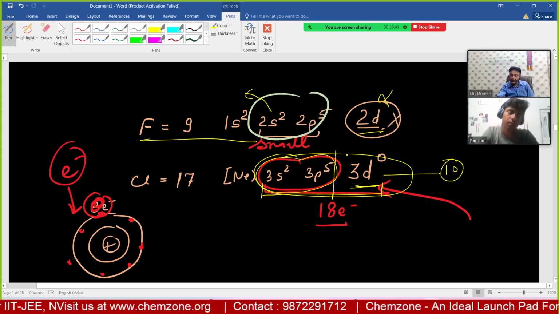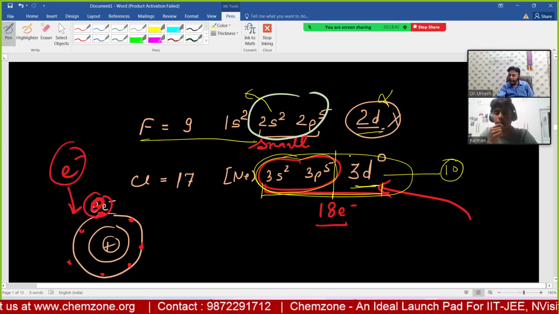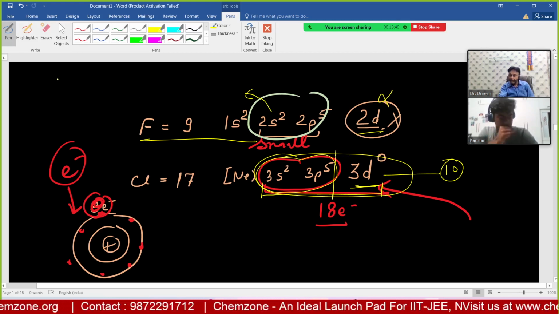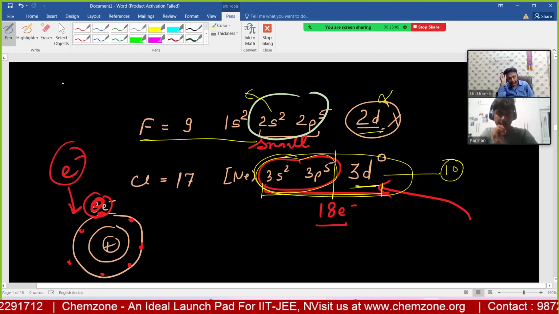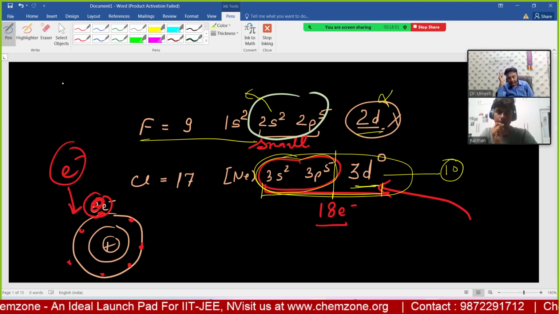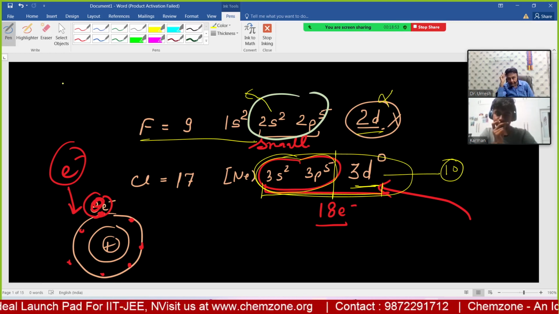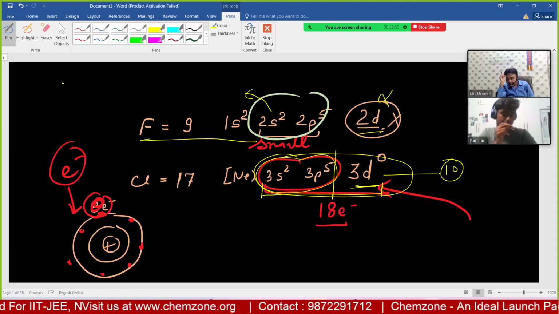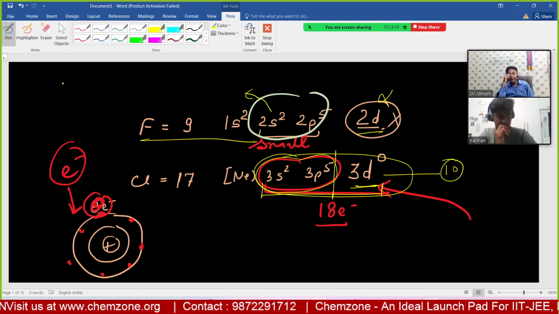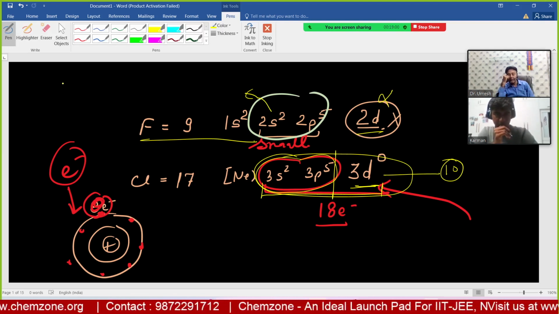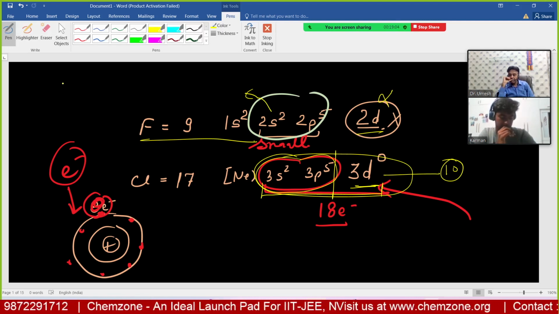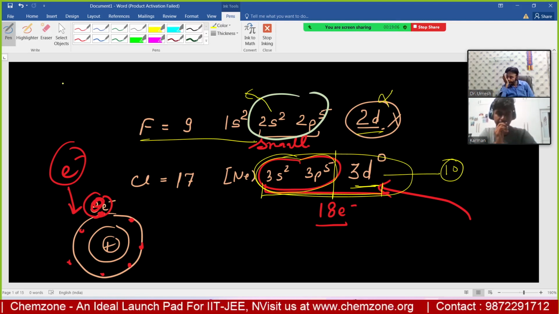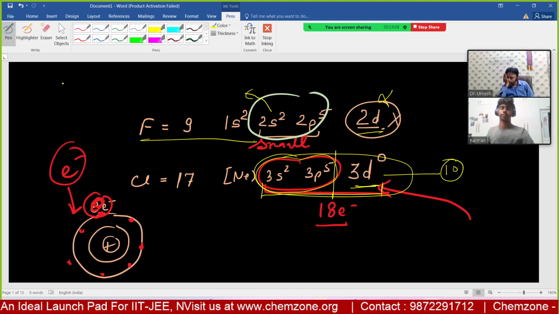From the quantum numbers, if we calculate, we cannot have a 2D subshell. But in the third shell, we can have a 3D subshell, and that is why the electron enthalpy of chlorine is more than that of fluorine, right?